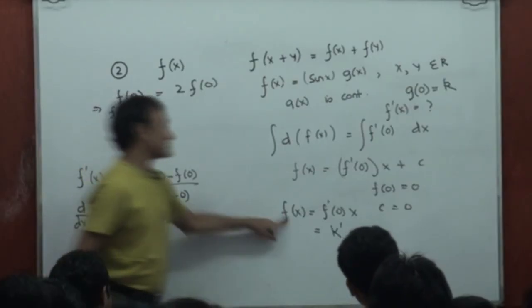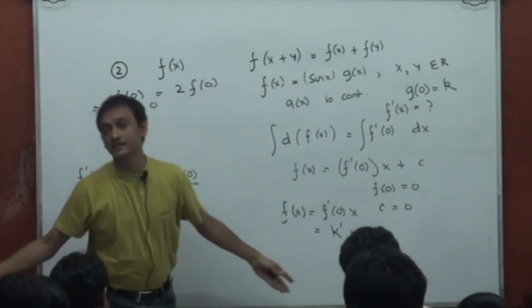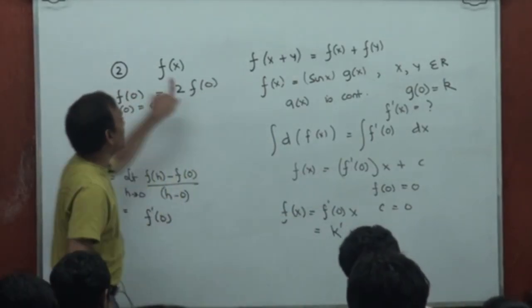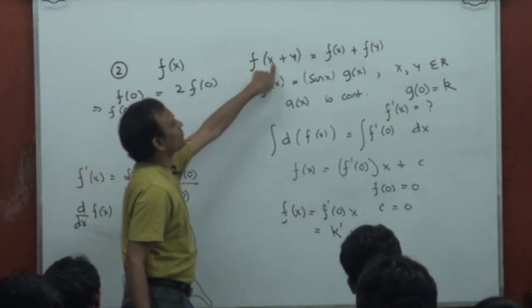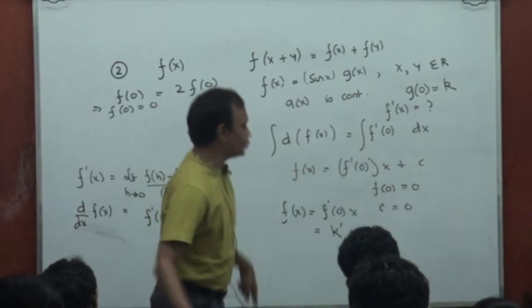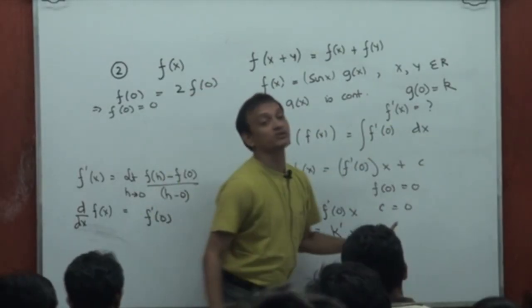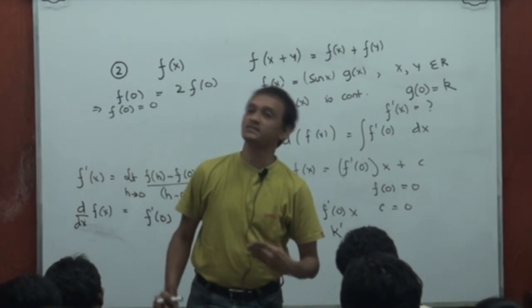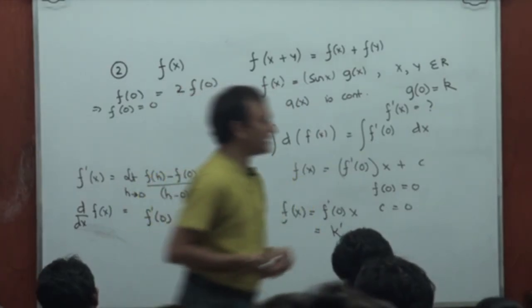So every time f is such that f(x plus y) is f(x) plus f(y), you can quickly conclude that f(x) must be some constant times x, right?